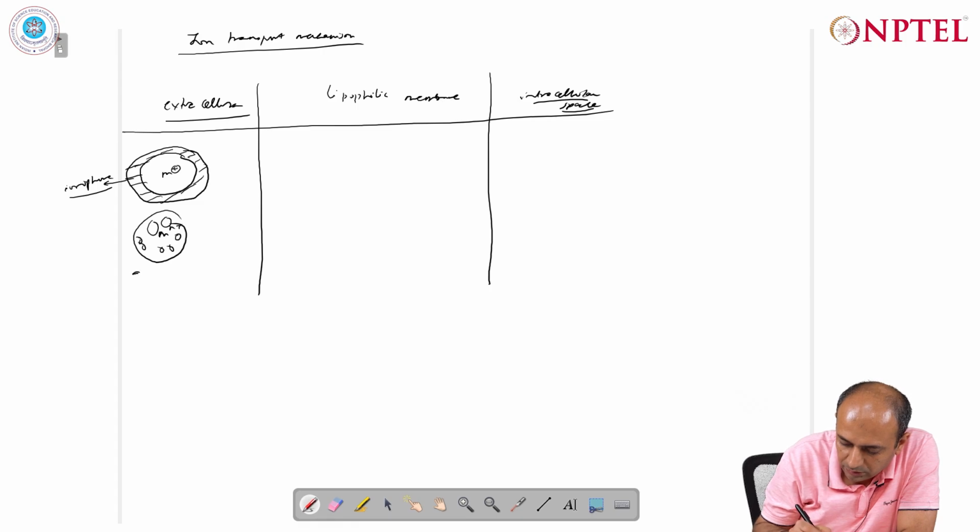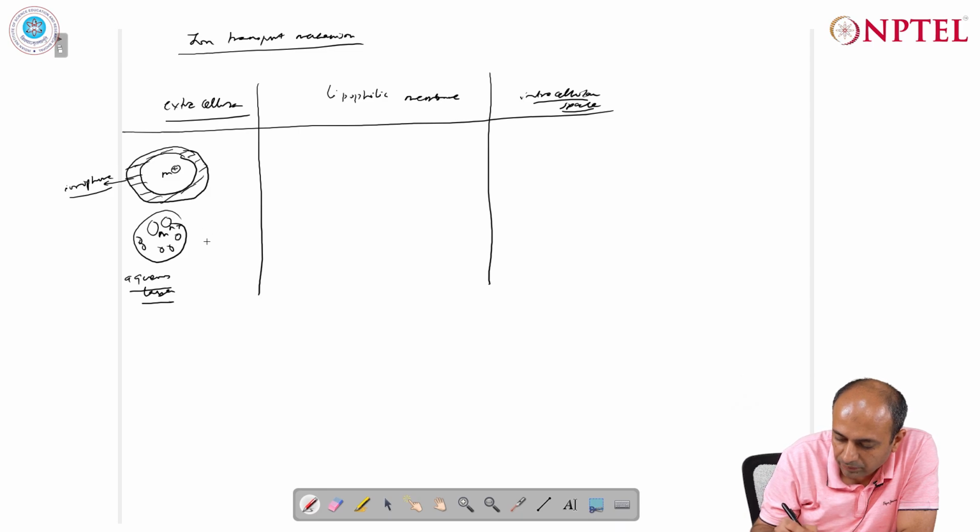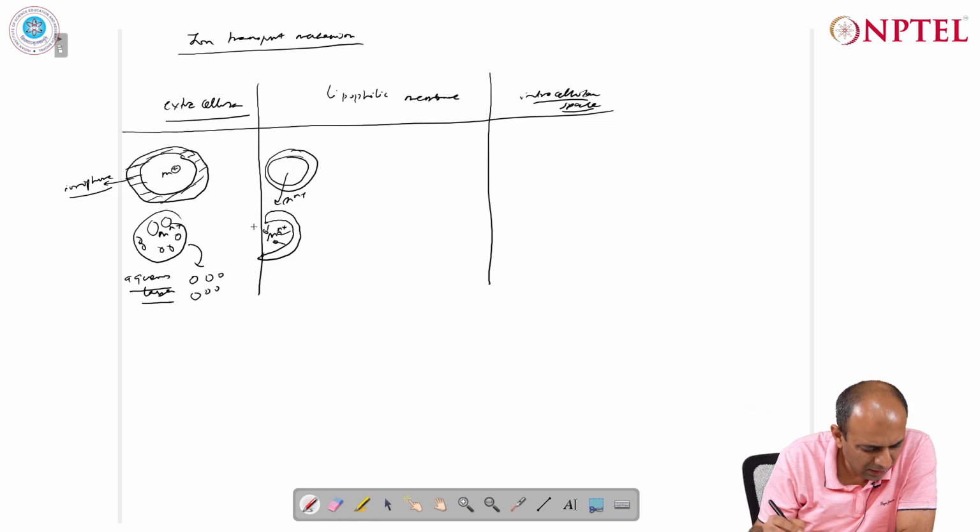So this is the aqueous layer. Now what happens? The desolvation has to take place. This is the solvent loss, and now the metal ions will be captured here. You will have the oxygen sites here, and so the ionophore comes and picks up the metal ion and forms this particular complex.